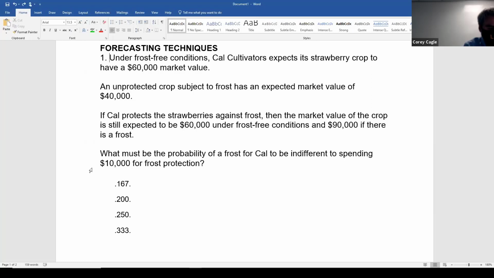So the question is, what must the probability of a frost be for them to be indifferent to spending $10,000 for frost protection? Protecting the crops if frost happens would be worth $50,000, right?